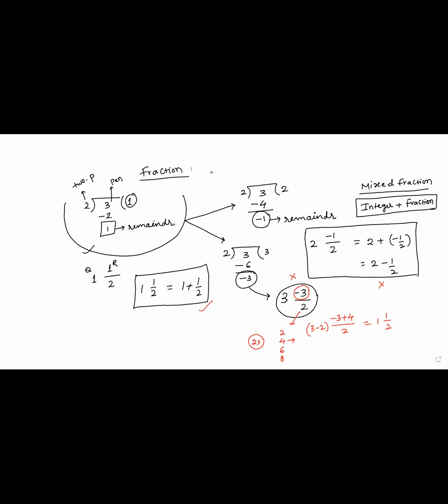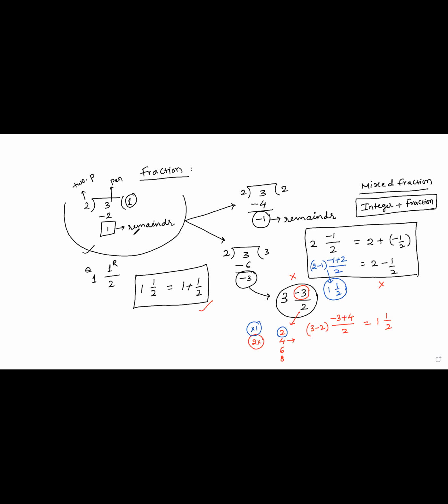The original form will appear. Again the 2 table is here. If you add 2 to the numerator, the denominator I'm not changing. This is 1 time. So I'm subtracting 1 time from the quotient part. So again this part becomes 1 by 2. This is a very important conversion when we are solving mixed fraction questions.